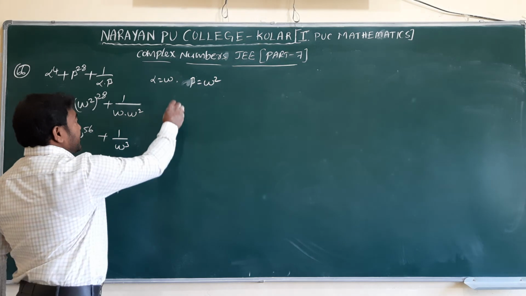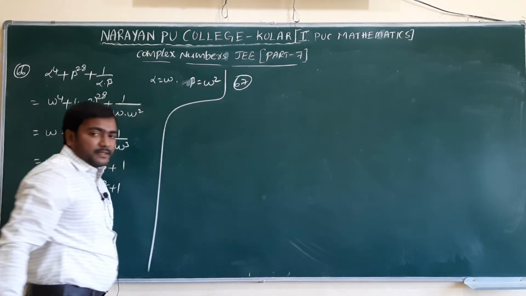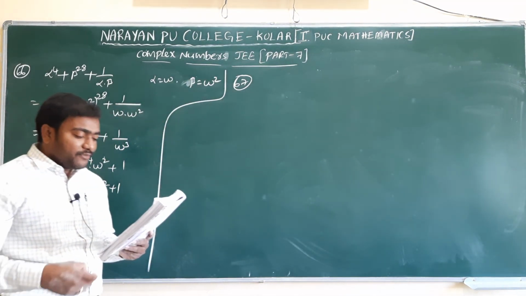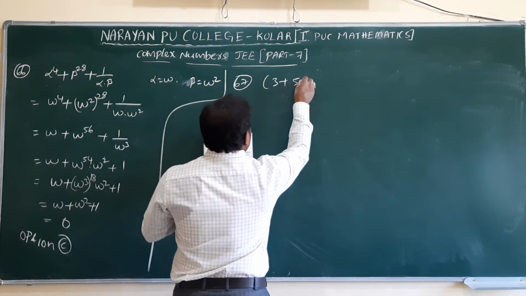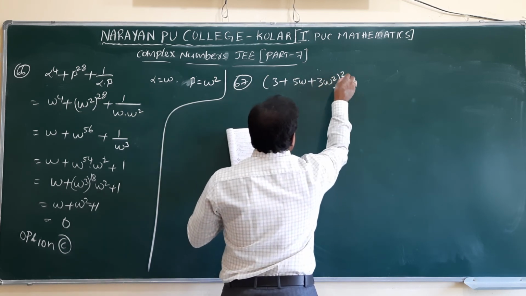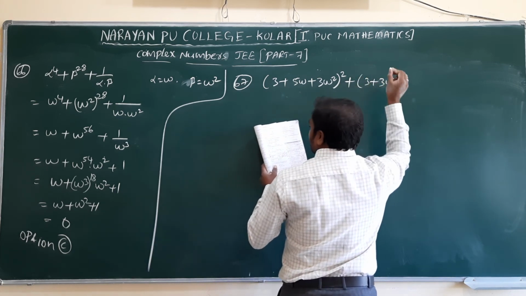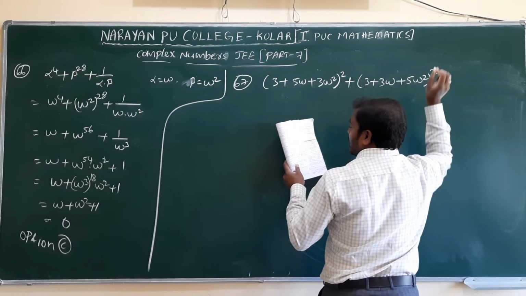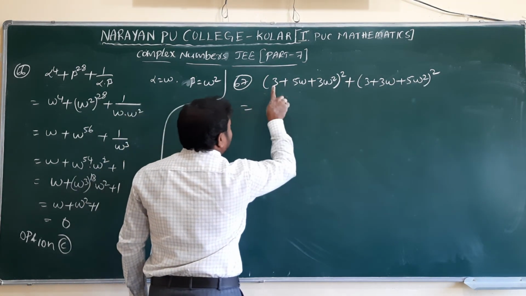Next question, question number 67. Here, if omega is a cube root of unity, then (3 + 5omega + 3omega²)² + (3 + 3omega + 5omega²)² is equal to, check it.